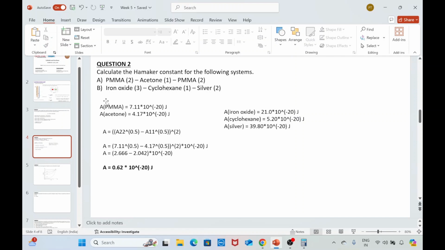This is what we explained even in the previous class, that the presence of a medium between two particles will decrease the interaction between the particles. Due to the reduced van der Waals forces of attraction, the value of the Hamaker's constant is less.